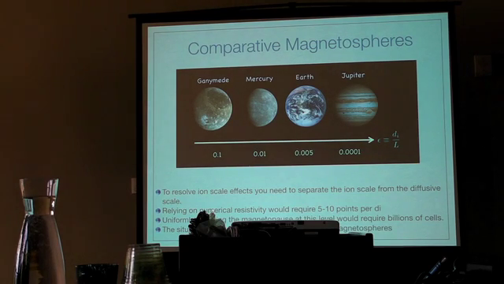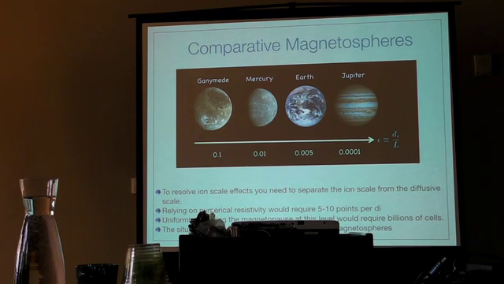It gets better as you go to Mercury, 0.001, but it's really great when you get to Ganymede. The ion inertial length is really huge compared to the characteristic size of the system. So in this case, you can model that magnetosphere with adequate resolution for the ion inertial length with tens of millions of computational cells, which is much more reasonable.